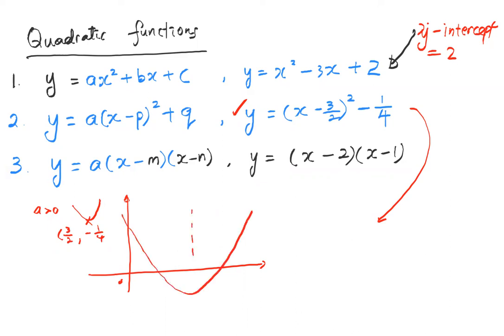So I can know my axis of symmetry, and the axis of symmetry is x equal to 3/2. So you see, if I write in this completing the square form, I can extract a lot of information straight away if you understand what each number tells you. Am I right? And I can even tell you the range. Range means those possible values for y.